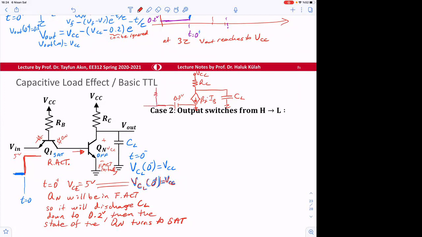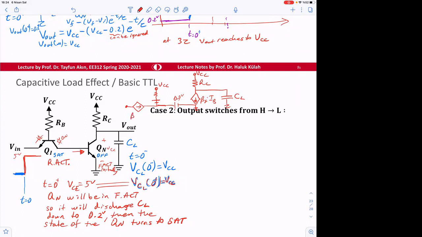And then in the model of the other transistor, this will be, let's see, I don't want to make a mistake here. This is VCC. I guess this will be the case. And then there's going to be current here.